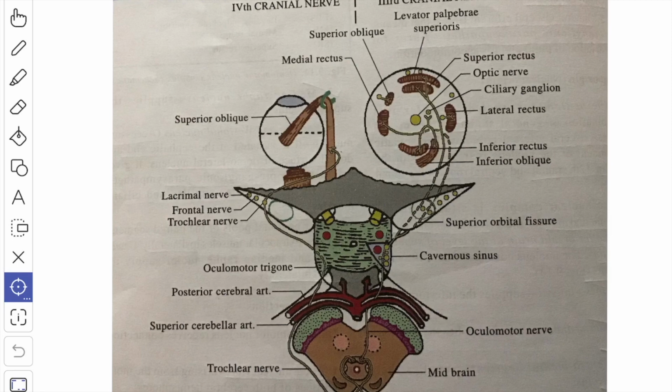When you see the communications of the oculomotor nerve, in the cavernous sinus, it communicates with the sympathetic plexus around the internal carotid artery and with the ophthalmic nerve.